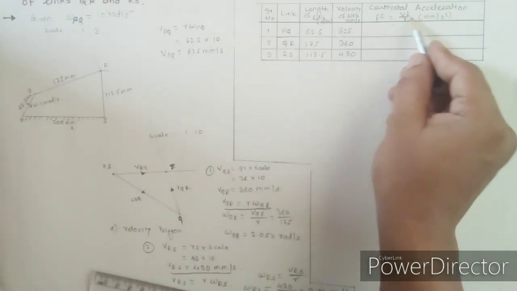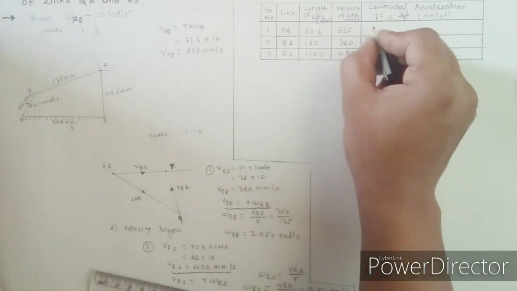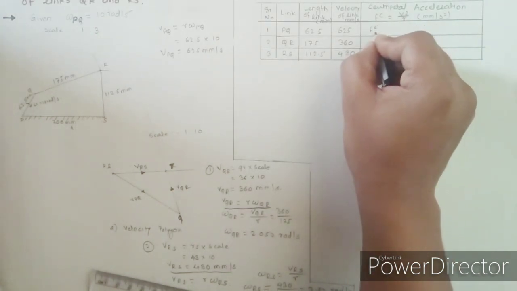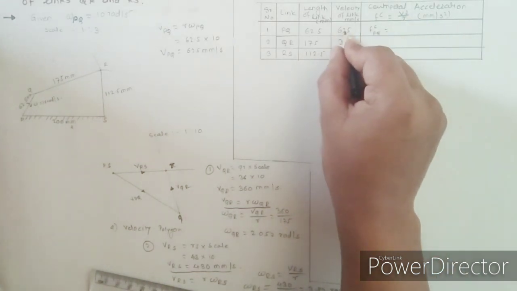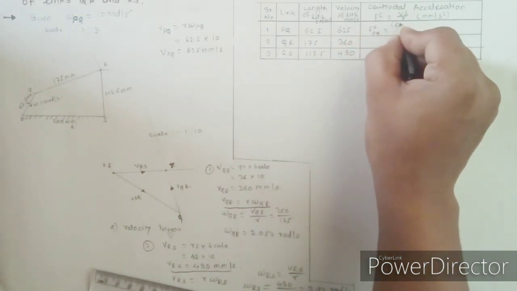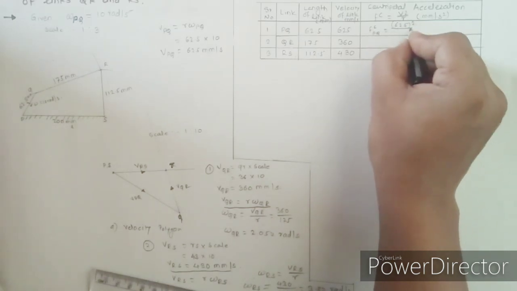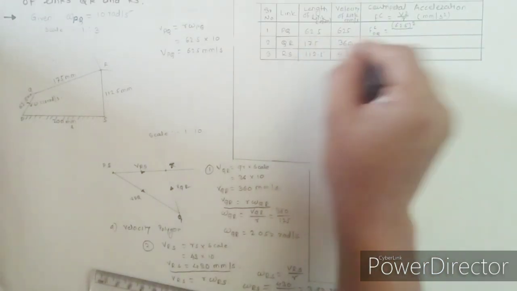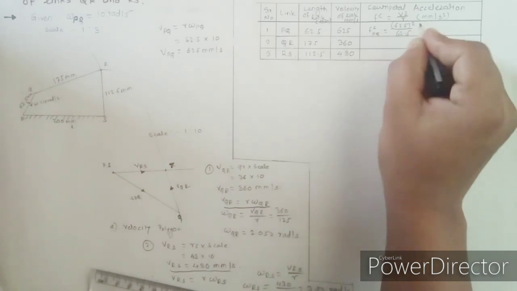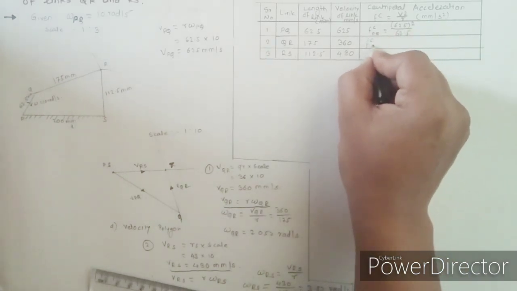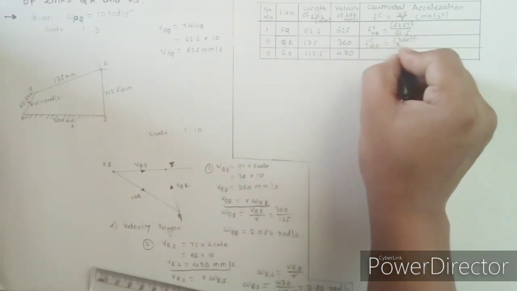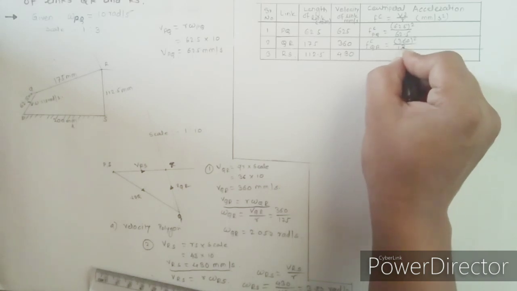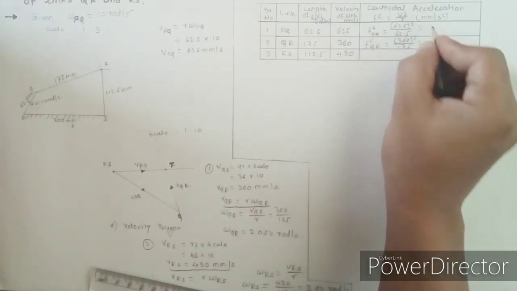Now you have to calculate fc equal to v square upon r. That is fc of PQ equal to v square, v is 625, square, divided by r, the length of link, that is 62.5. Next is fc of QR equal to 360 square, v square upon r, r is 175.